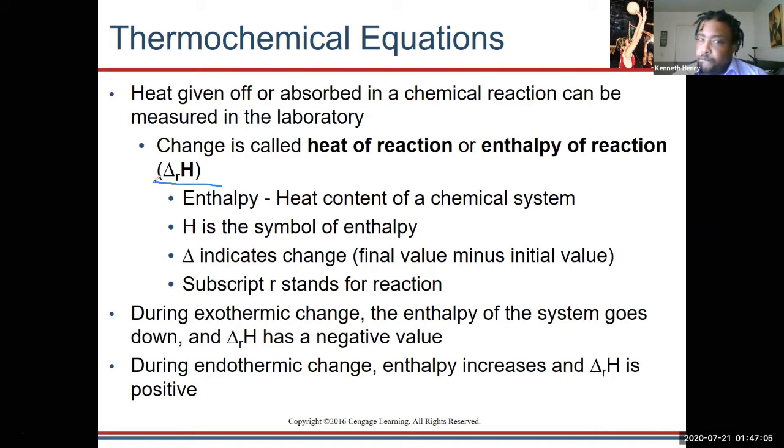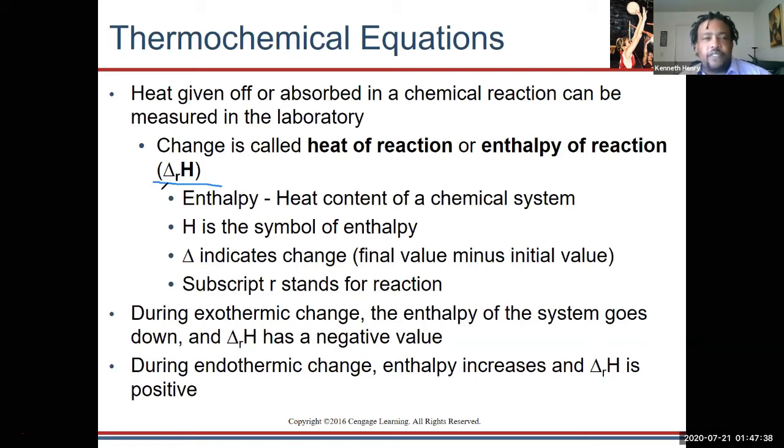You got that? We represent it as the change in heat or the change in energy. It's actually energy, because heat is energy. So this is basically just telling you everything that we just talked about. The H is just a symbol for enthalpy. The delta means change. And then the subscript R means for the reactions.